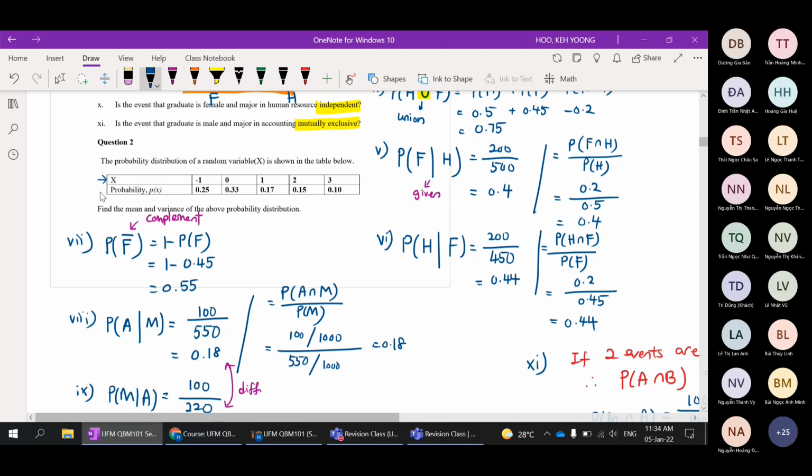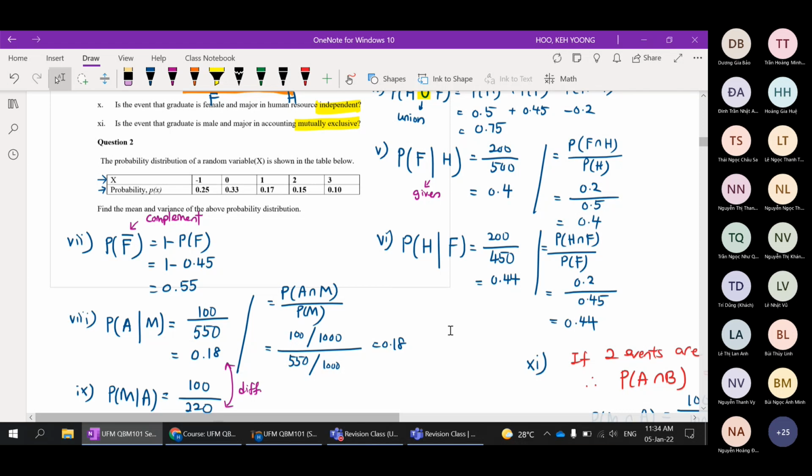The second row is the probability. The chance of getting -1 is 0.25 or 25%. The chance of getting 0 is 0.33. The chance of getting 1 is 0.17, and so on.